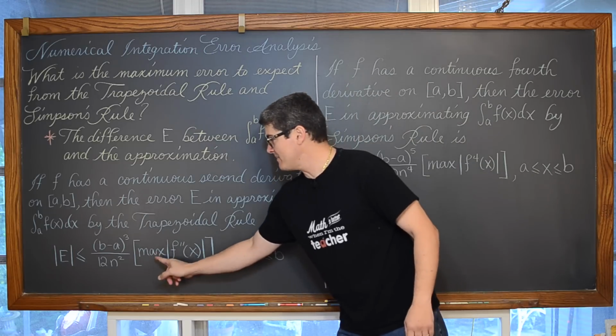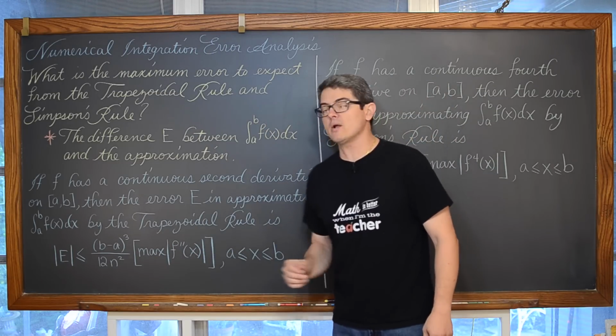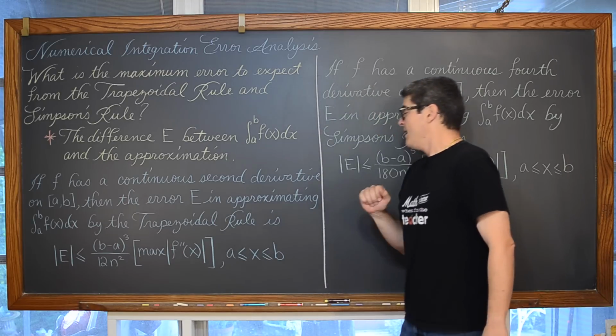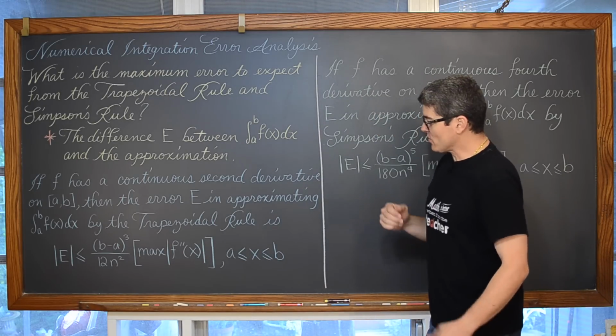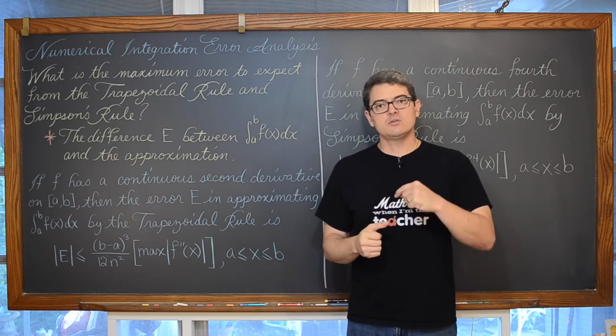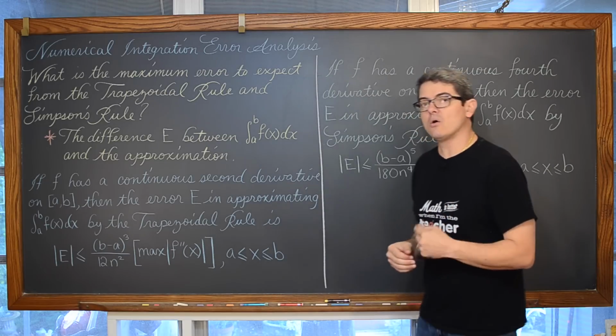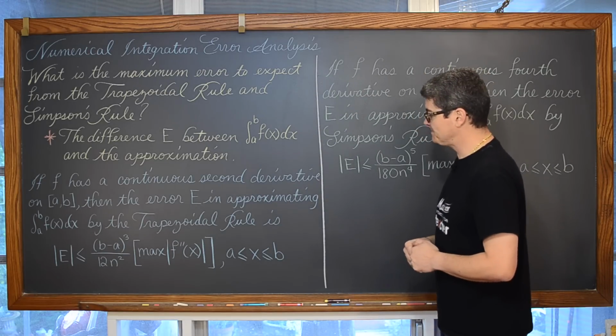Again, it's the maximum of the absolute value of the second derivative where x is greater than or equal to a and less than or equal to b. We're going to do a lot of practicing of finding derivatives again, and also reviewing how to find an absolute max or min on a closed interval.